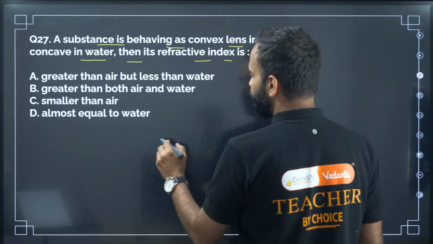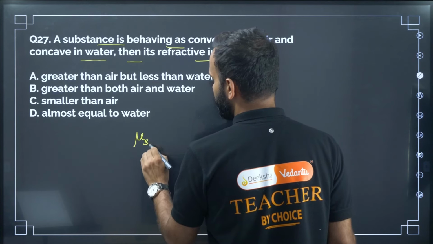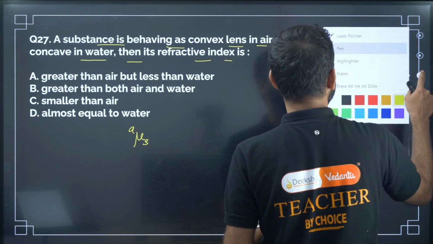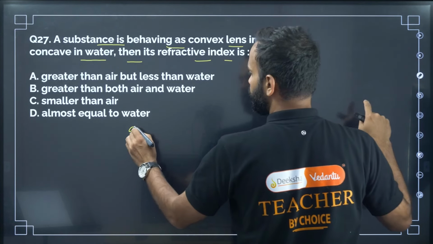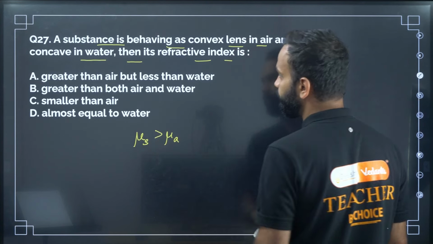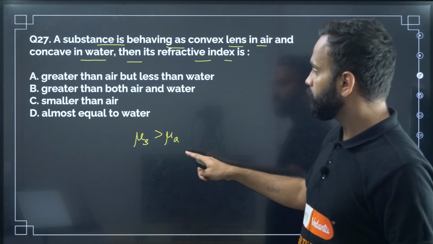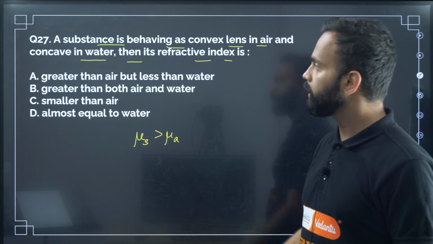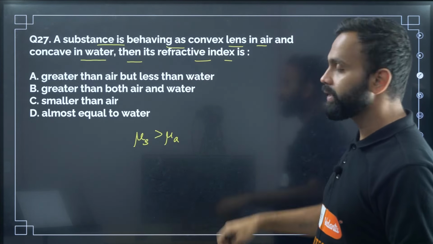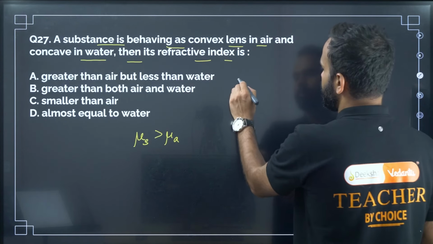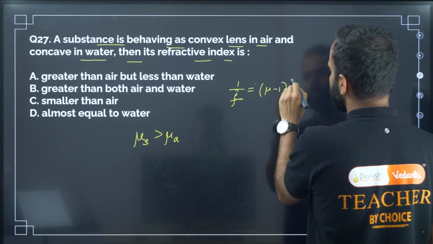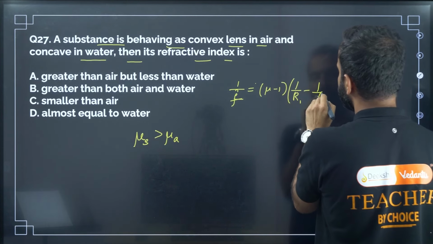So therefore, the refractive index of the substance with respect to air must be greater than refractive index of the air. Then only the substance can behave like a convex lens. Okay, apply the lens maker's formula, you will get the answer. Mu minus 1 into 1 by R1 minus 1 by R2.